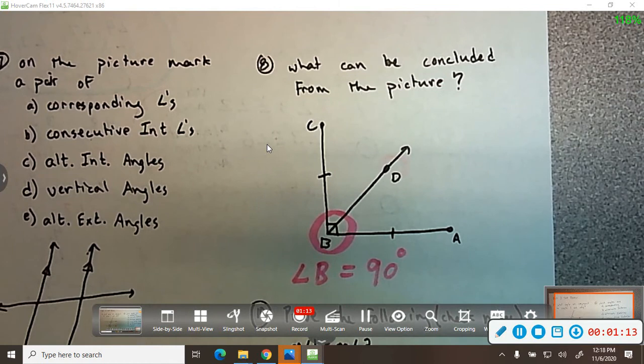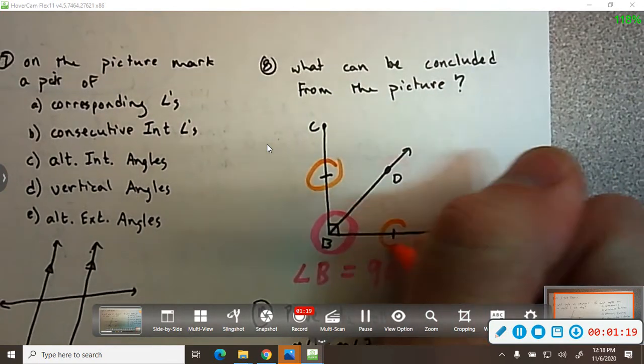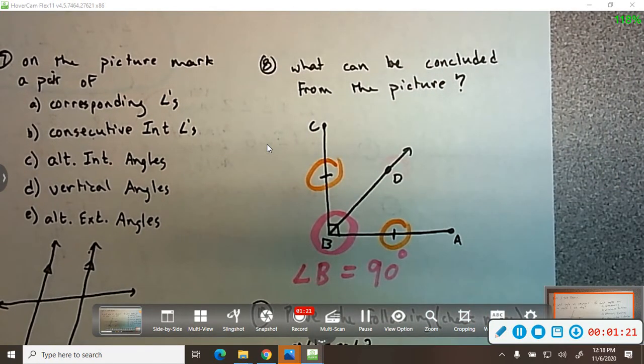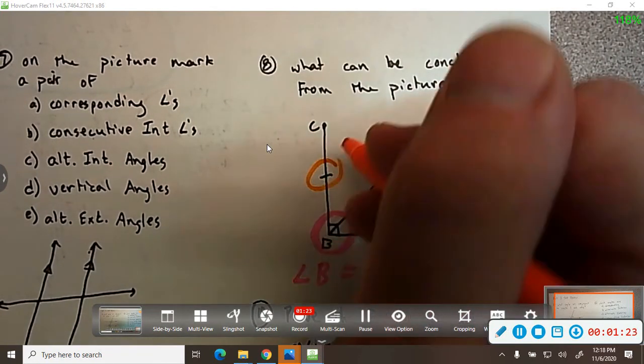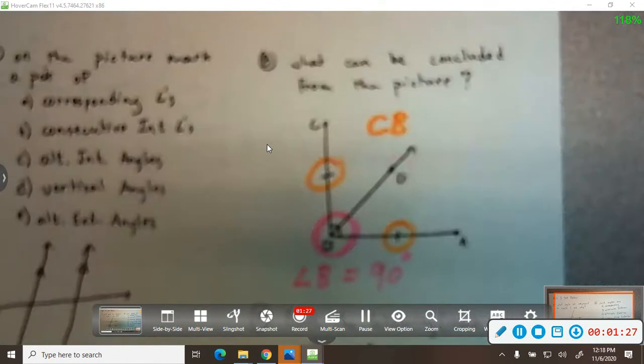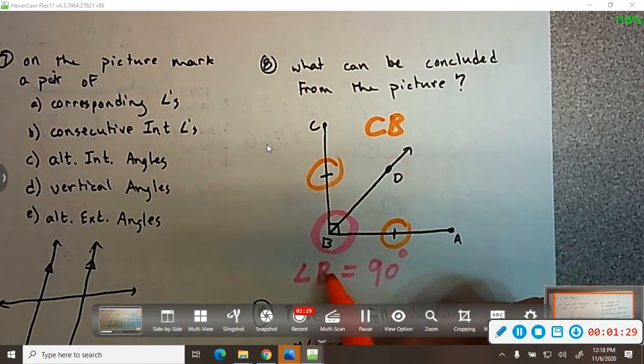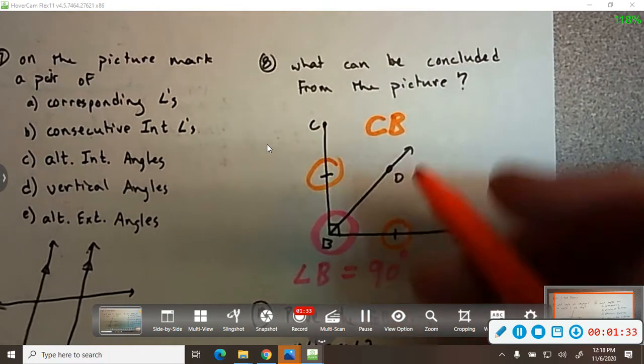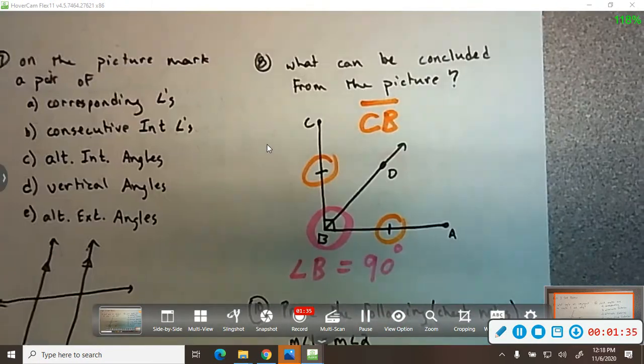Okay. I also could see, based off this symbol, that shows congruency. So now I could say that CB, and I have to remind myself, is that a ray? Is it a line? Is it a segment? Because it doesn't go off forever, it's a segment.